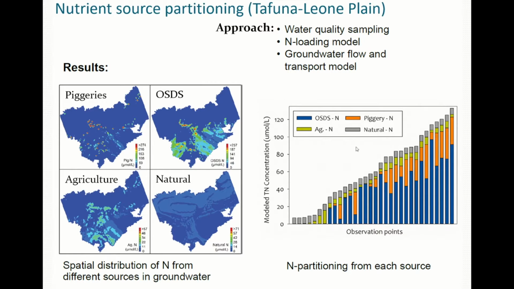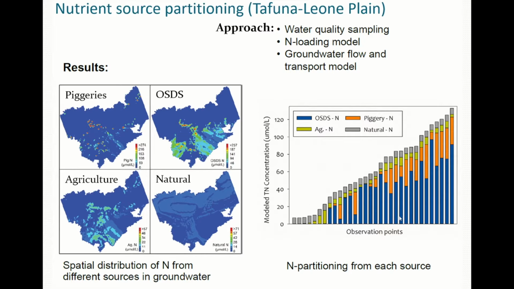So we found out that OSDS septic systems have the highest risk, that's the blue color, followed by piggeries, then agriculture, and finally natural contamination.